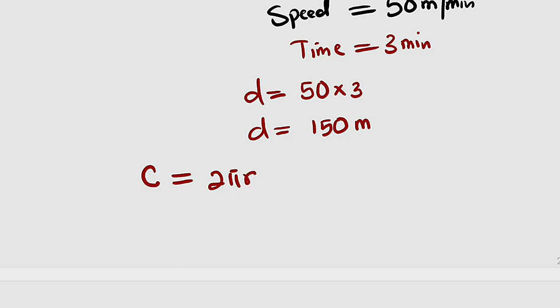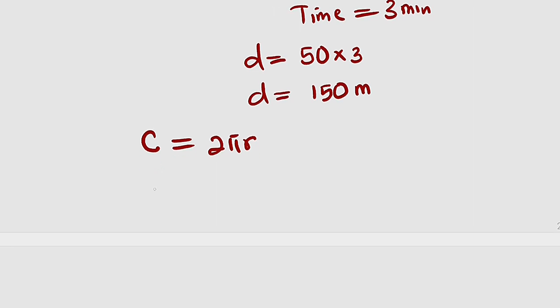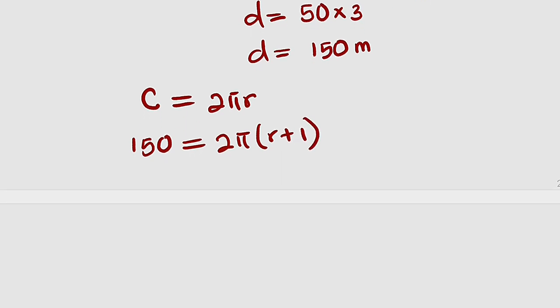But we have seen that our radius is r plus 1 in that case. Therefore, c, which is 150 meters, is equal to 2 pi times r plus 1. So now let us divide both sides by 2 pi, so that r plus 1 is equal to 150 divided by 2 pi.